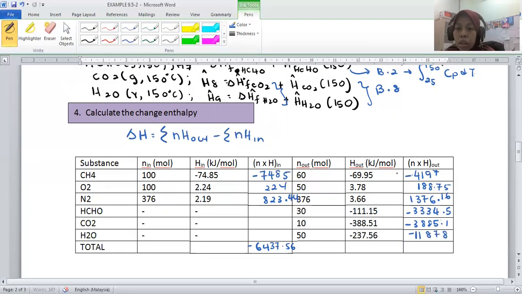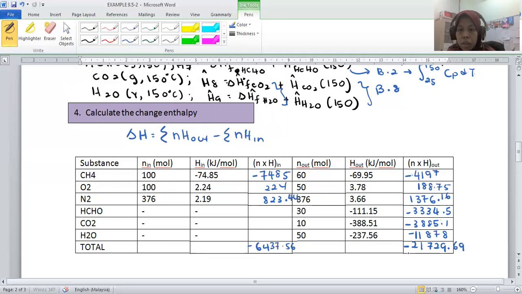And then for the outlet, this is the value. So n outlet times H outlet for each substance, and then you sum it up, then you get the answer for the total, negative 21,729.69.